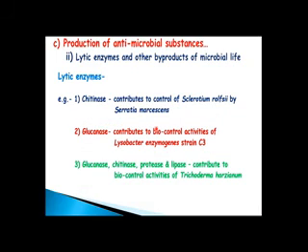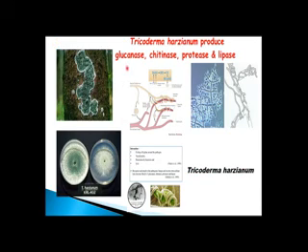Production of antimicrobial substances, lytic enzymes and other byproducts of microbes. Lytic enzymes: chitinase, glucanase, protease, lipase, those things are produced by microbes. The very commonly used Trichoderma harzianum produces glucanase, chitinase, protease, and lipase.